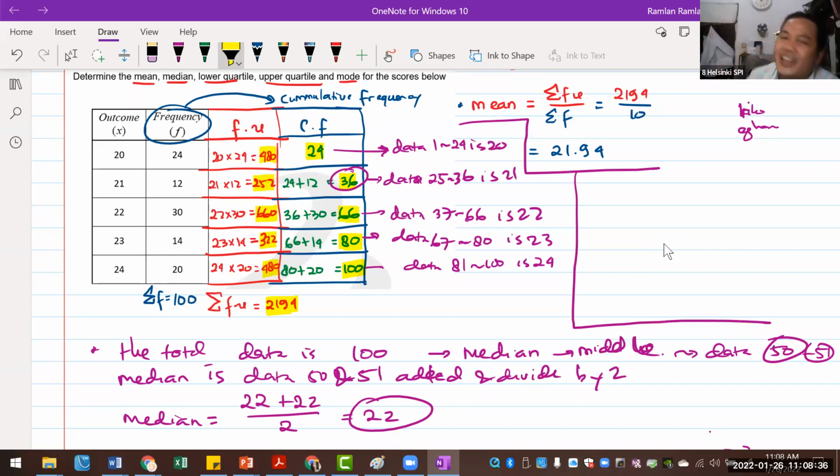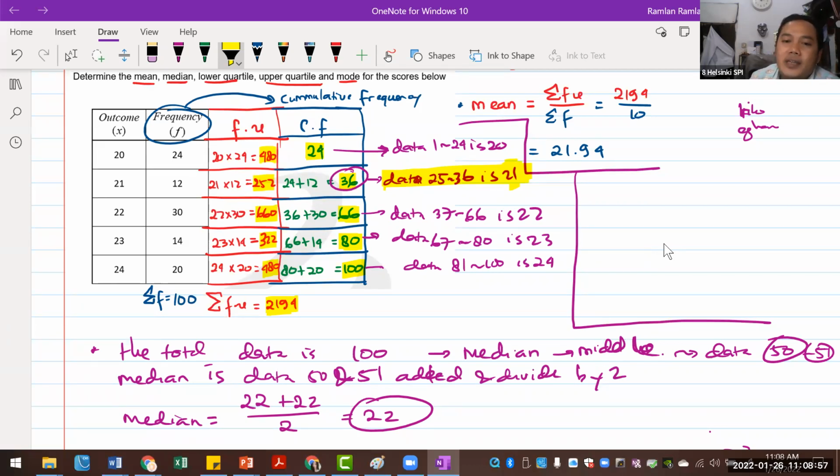Oke, saya ulang ya. Nih, kalau saya tanya misalnya data ke 27 berapa nilainya? Data ke 27 nilainya 21. Kenapa nih ya? Ini kan data ke 25, data ke 26, data ke 27 sampai dengan data ke 36 adalah 21.